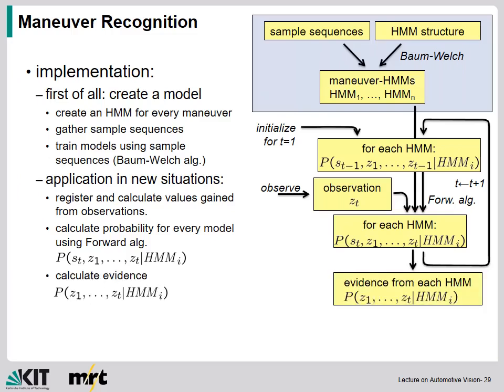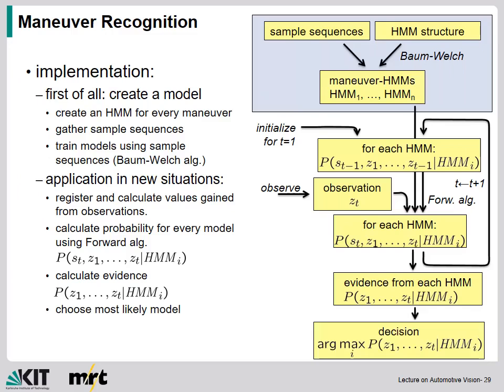In parallel, he could also calculate the evidence of each hidden Markov model, by integrating out the current state. Based on that, he could check which is the most likely hidden Markov model in this case. So what is the most likely maneuver that is observed at the moment?